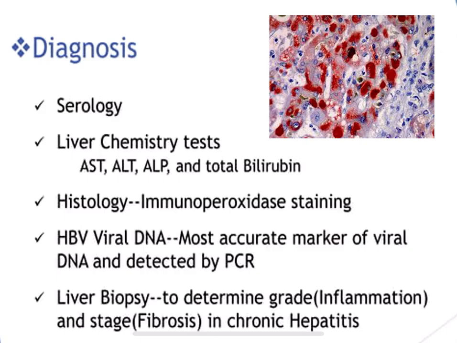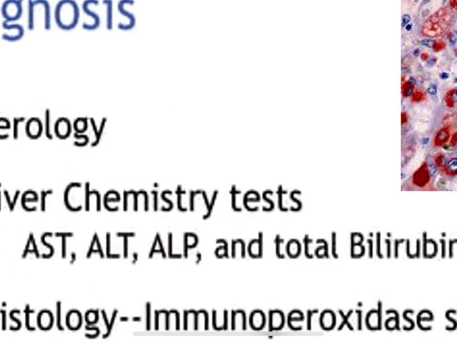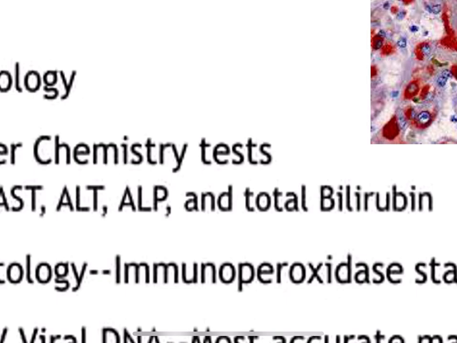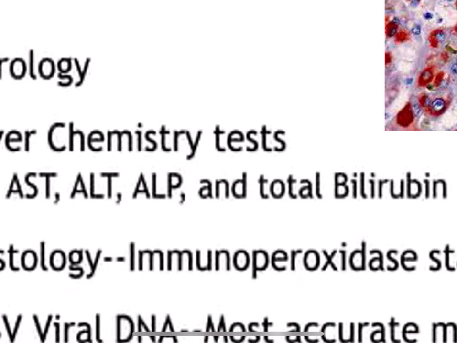The serology. Then we have the liver chemistry test. In the liver chemistry test, we have AST, ALT, and increased ALP and total bilirubin. Now, the elevated AST, ALT. AST stands for aspartate aminotransferase, and ALT stands for alanine aminotransferase.